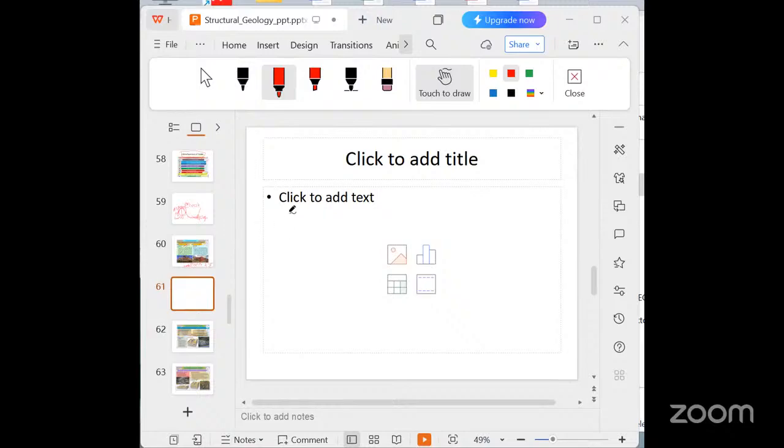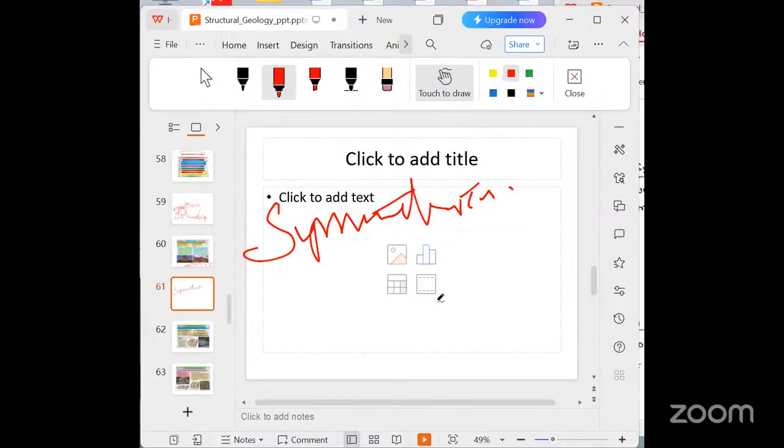And another one is symmetrical fold. So what is the symmetrical fold? In this case, the axial plane, just wait, we'll show the figure.